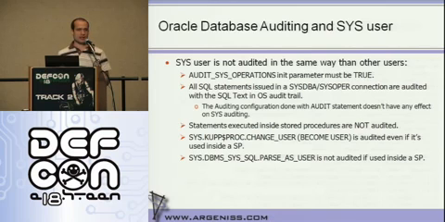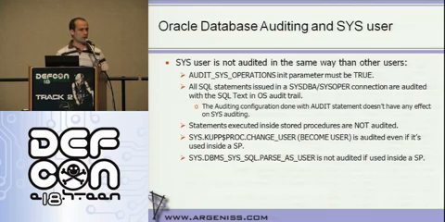Well, this is a similar subject, but not directly related to database vault. There are some issues with the SYS user auditing. As it is documented, the SYS user is audited in a different way than regular users. All the statements that we execute as the SYS user are audited with the SQL text as we enter them.